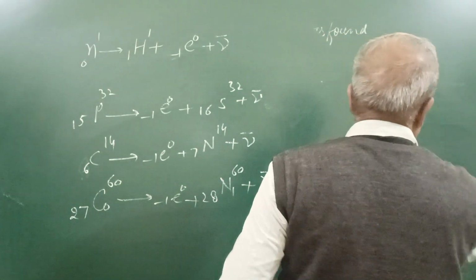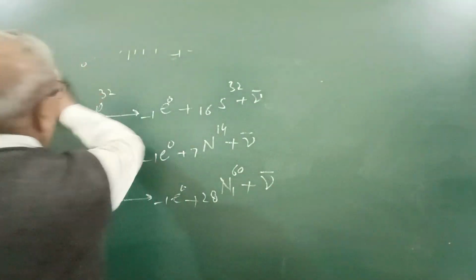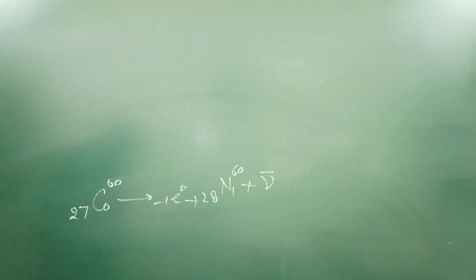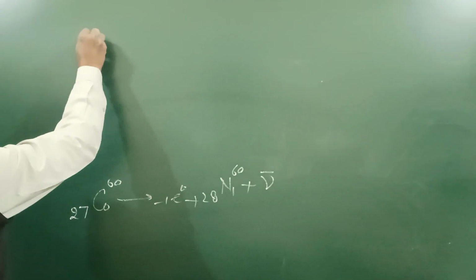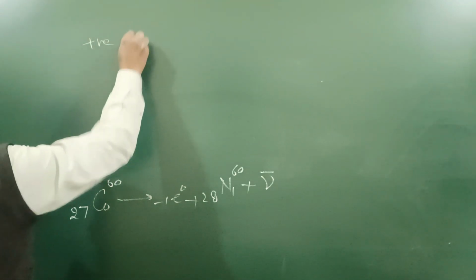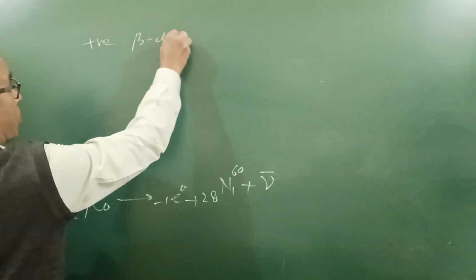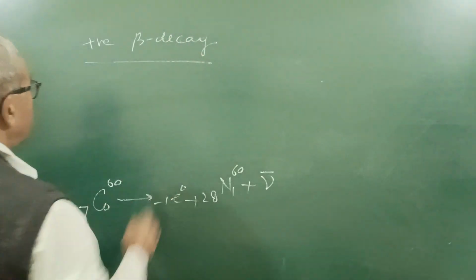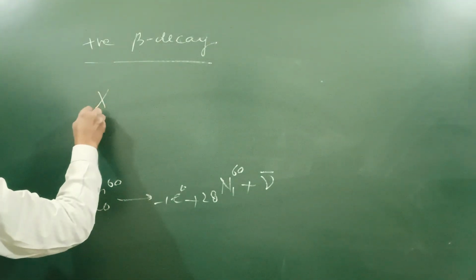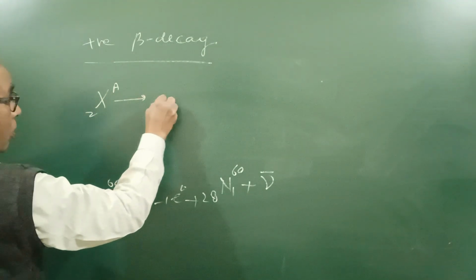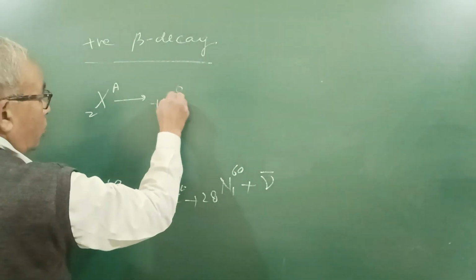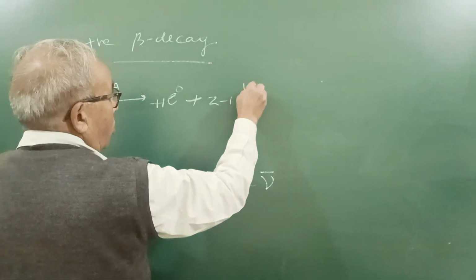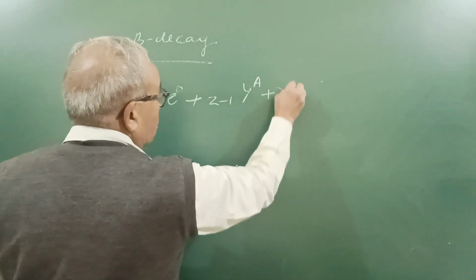Now, practically it has been found that along with negative beta decay, positive beta decay is also possible. What is that? ZXA gives +1e0 plus Z-1 YA plus neutrino.